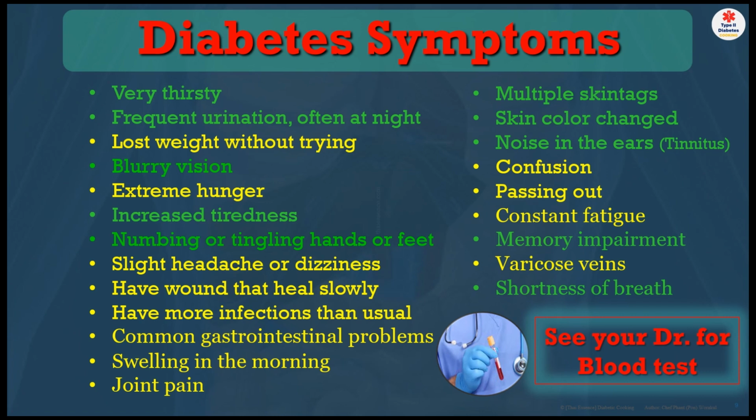And then I pee a lot more. I begin to lose weight without trying, without changing anything. And my eyes start getting blurred, so I see something weird. And then sometimes I'm really hungry because of the effect of sugar. And then getting tired easily.